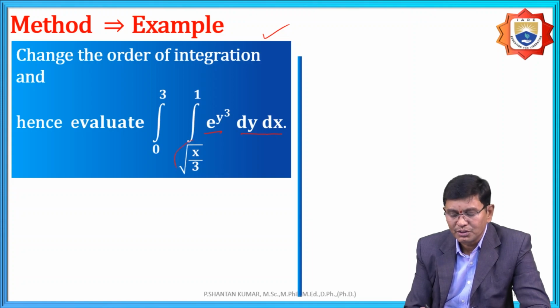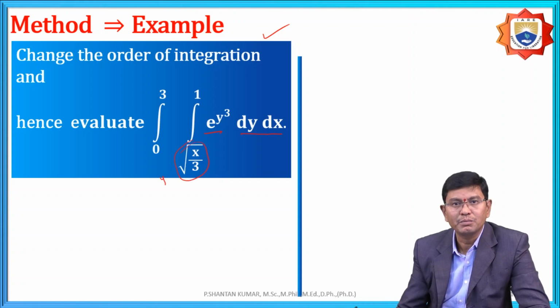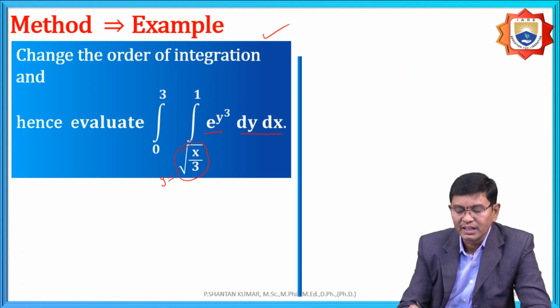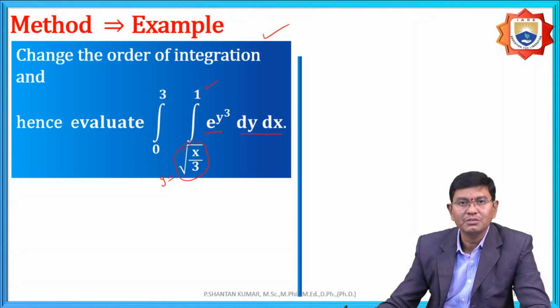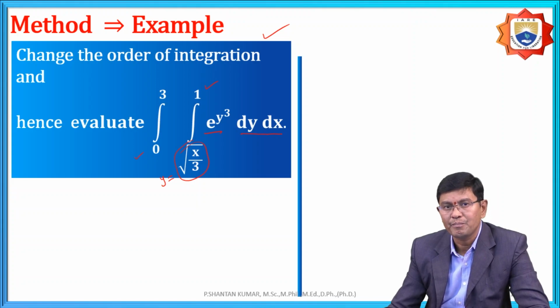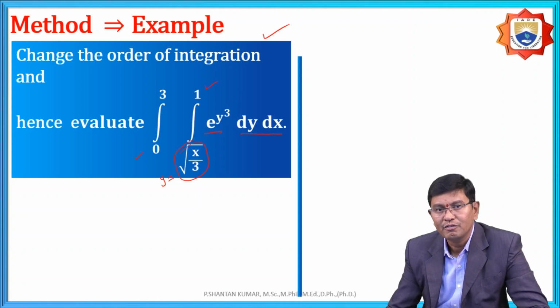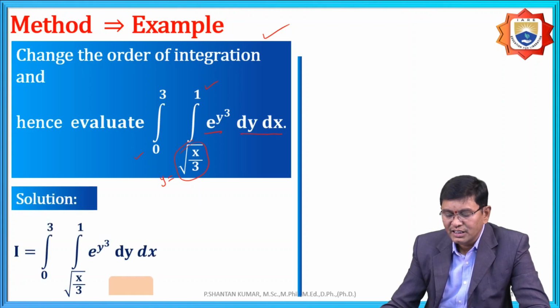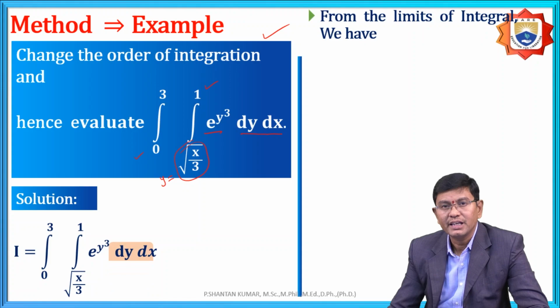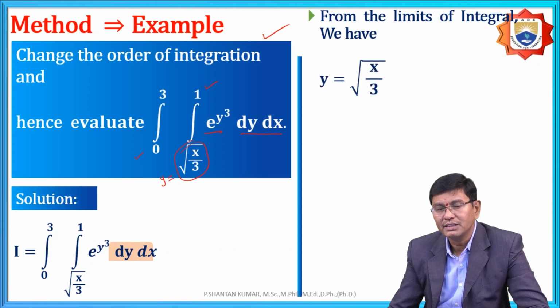We need to assume that y equals x by root 3, the upper limit is y equals 1, and the rest of the values are x equals 0 and x equals 3. Based upon this, clearly y equals root x by 3, which is y square equals x by 3, as one equation.